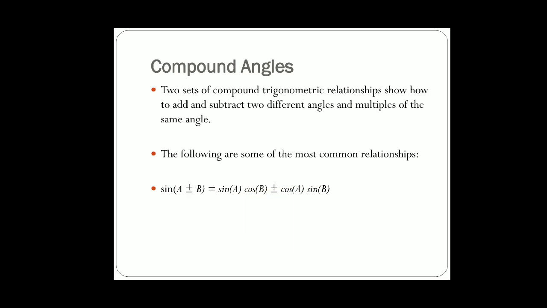So they have common relationships wherein multiplication and addition and subtraction of these two different angles is also done. How do they do that? Suppose if I say that sine (A plus minus B) is equal to sine A into cos B plus minus cos A into sine B. That is, I can either multiply these factorials as well as I can add and subtract these variables also.